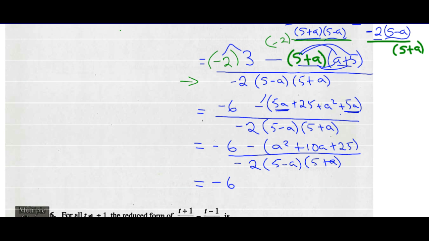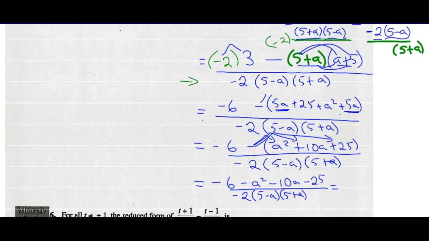So negative 6, and we're going to multiply through by the negative 1. So negative times a squared, negative times a positive 10a, and negative times a positive 25, all over my common denominator of negative 2 times 5 minus a times 5 plus a.